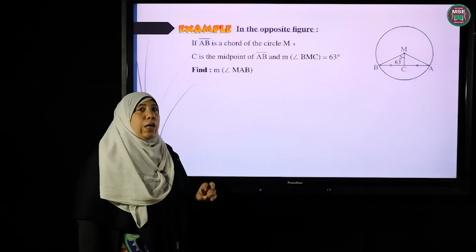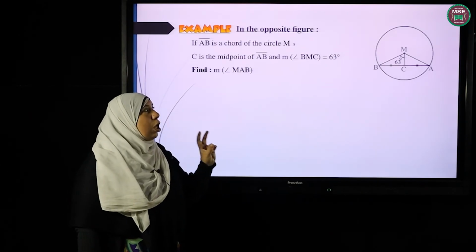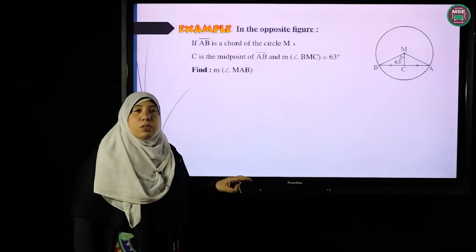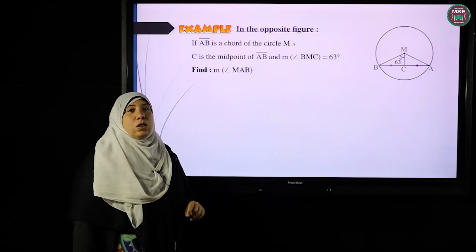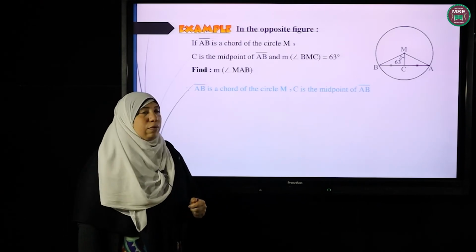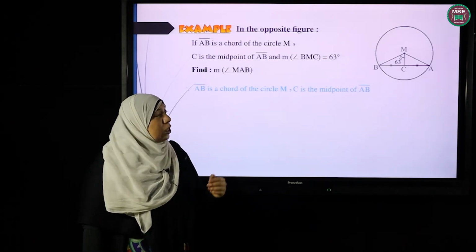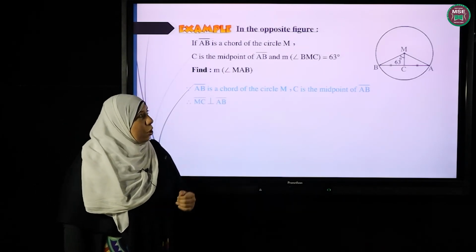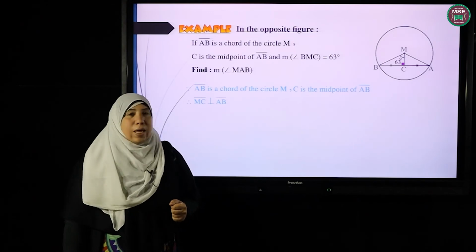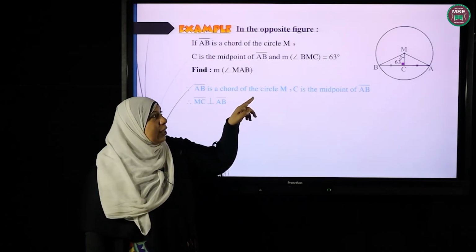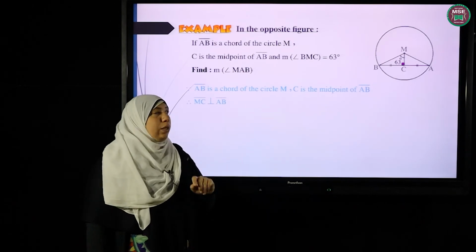Now, the corollary tells that the line from the center to the midpoint of the chord is perpendicular to this chord. So AB is a chord in the circle M, C is the midpoint of this chord, therefore MC is perpendicular to AB. So I have a right angle here, MCB.